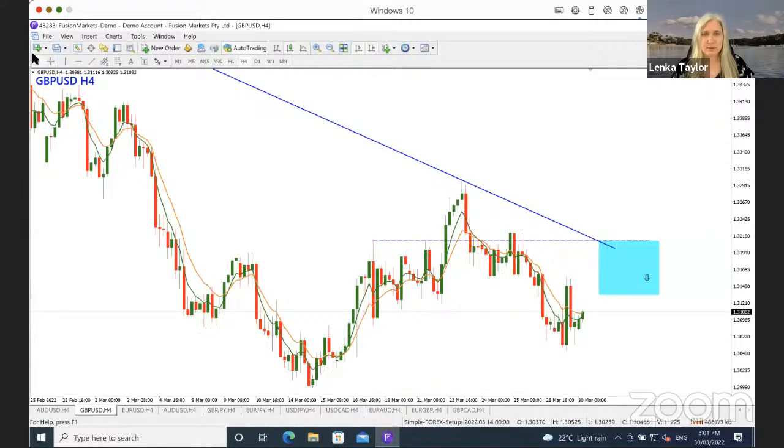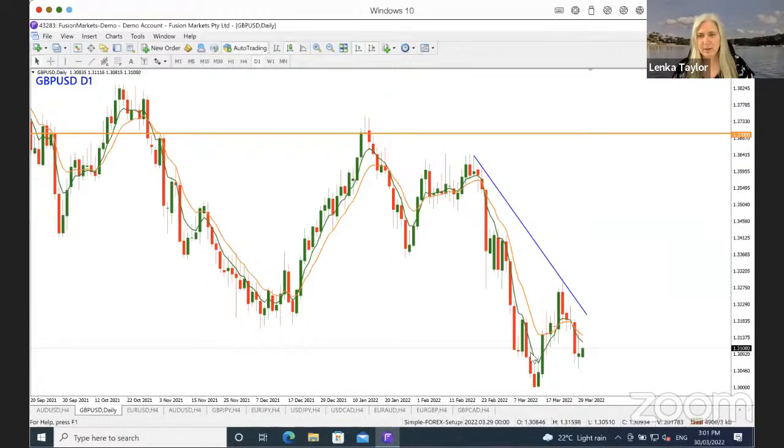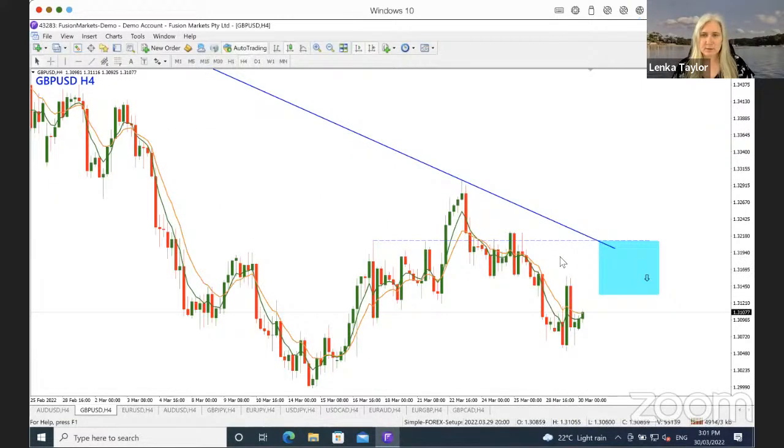All right, let's have a look at the chart. So today, starting with GBP/USD. So GBP/USD, again, I'm looking for a short. We've had a bit of a pullback up and then looking for short from there. So that is still good for this week.